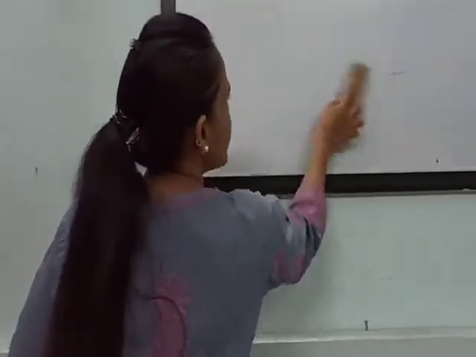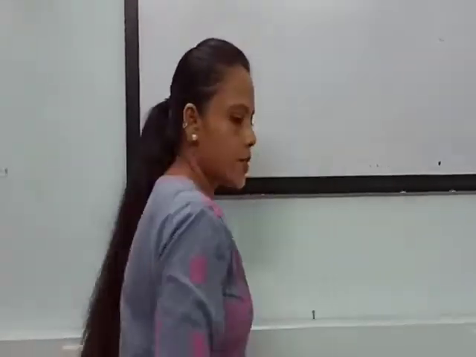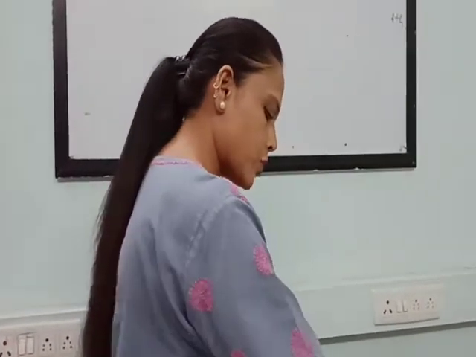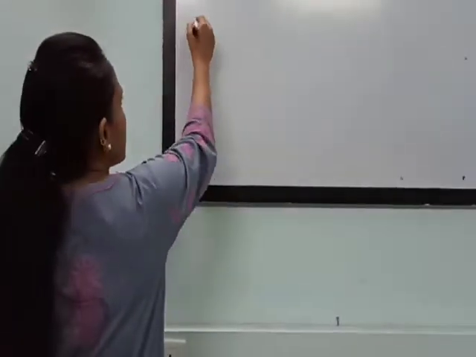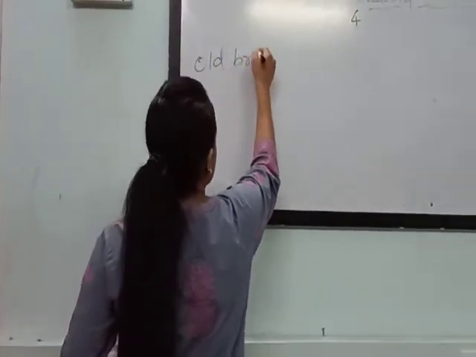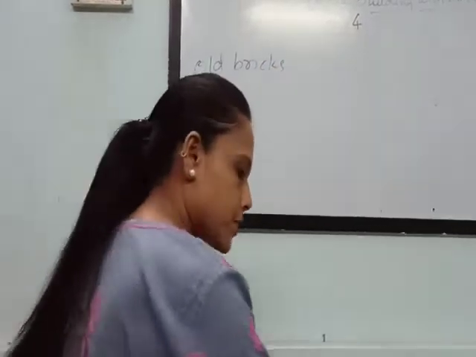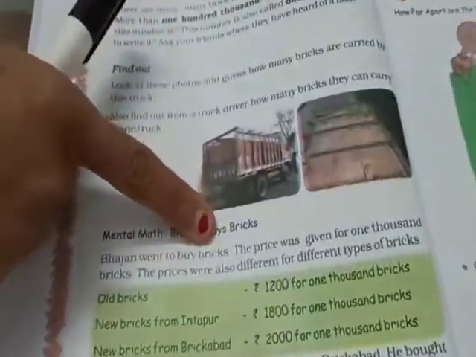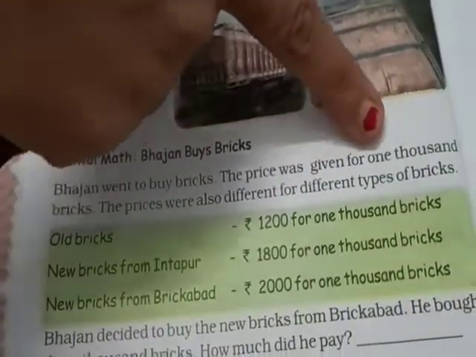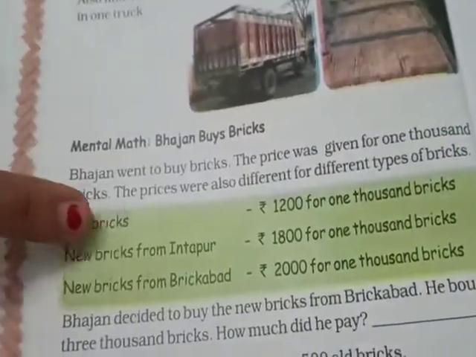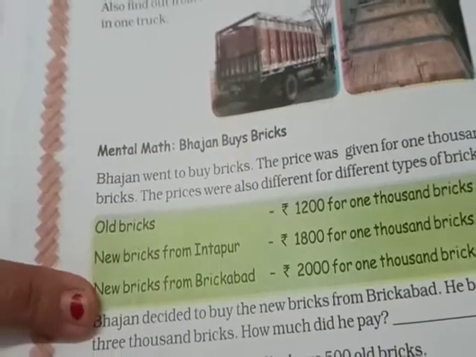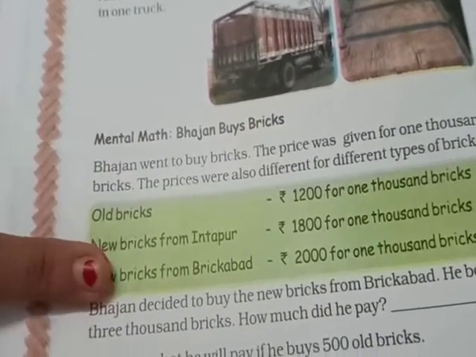Right? Now, the last mental math question is there. Just look here. We'll read the question first. Bhajan went to buy bricks. The price was given for 1,000 bricks. See here, 3 types of bricks are there and their prices are given per 1,000 bricks.